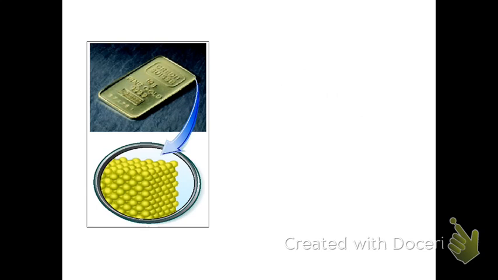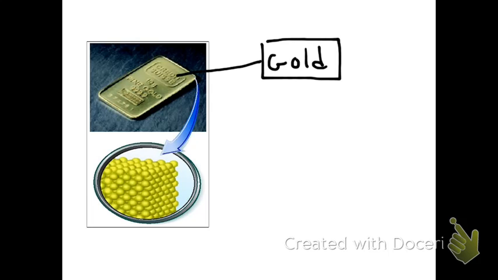Alright, so here we have an example of a gold bar, and this is what gold would look like to us on a large scale that we would see with our naked eye. However, what cannot be seen are the elements that make up this gold bar.